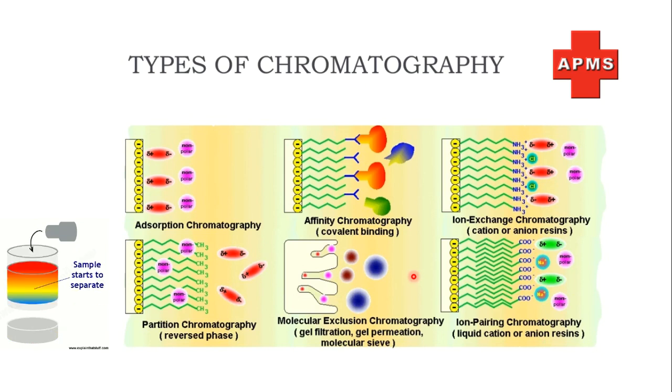Here in the mobile phase, the gases or solvents used in bulk will not interact with these stationary phases. Actually, the sample molecules which are dissolved in the mobile phase will actually interact with these stationary phases.